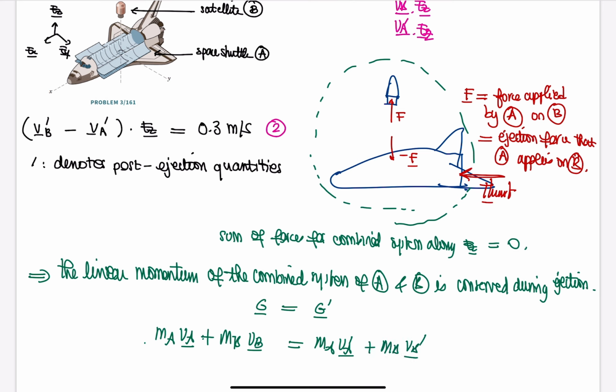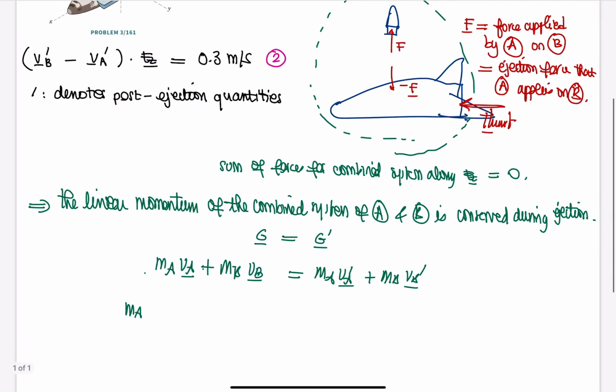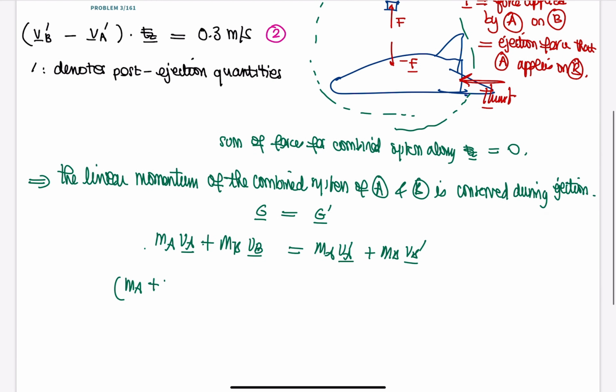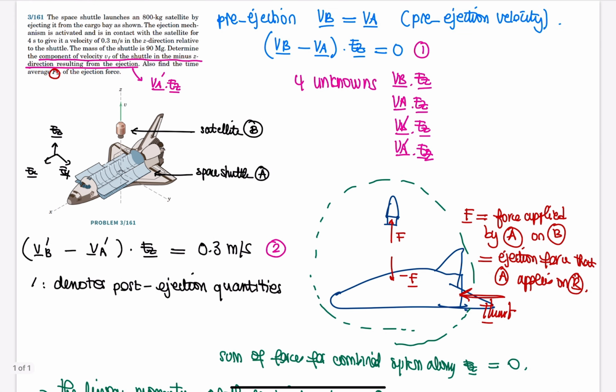In particular, we're interested in the velocities along EZ, so I'm just going to project the whole equation along EZ. Really though, VA and VB are the same pre-impact, so maybe I'll just combine and say MA plus MB, and I'll say that VB dot EZ minus VA dot EZ, I'm just going to call that V dot EZ.